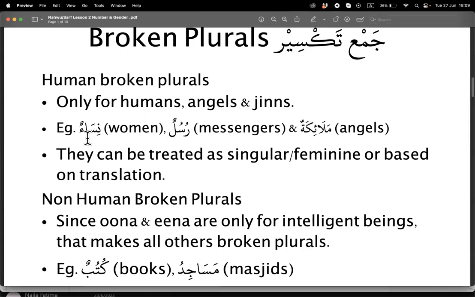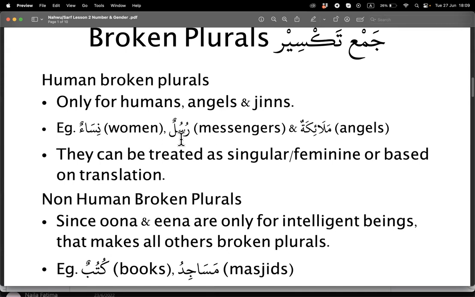Imra'atun is one woman. We don't have imra'atuna. So totally a different word, right? Imra'ah is very different from nisa. So yes, nisa is plural for women.